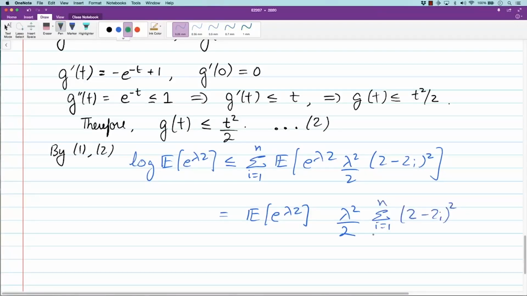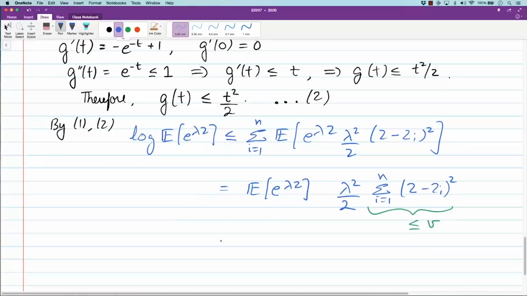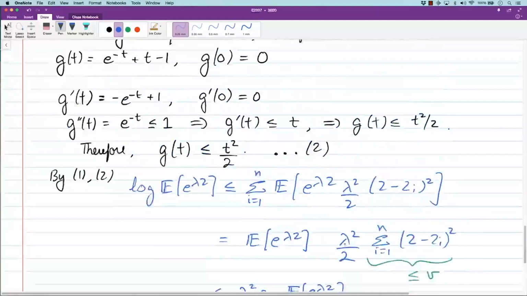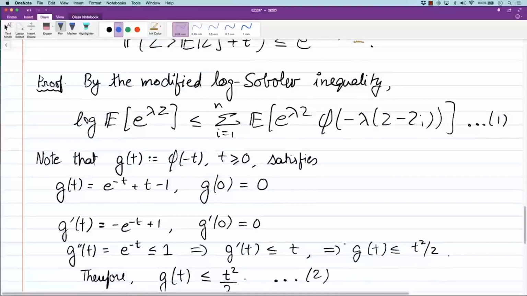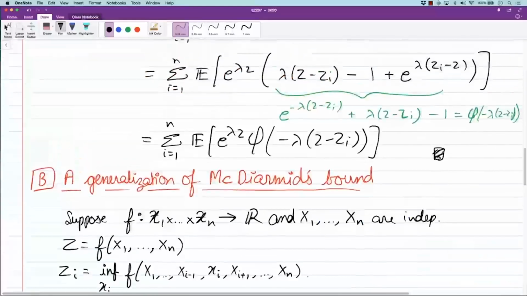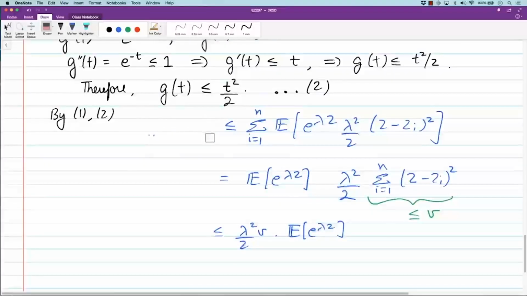The quantity that we have assumed is bounded by v. So therefore this is less than or equal to lambda squared v by 2 times the expected value of e to the power lambda Z. Alright, so now we have a familiar bound: this is the bound for the entropy of e to the power lambda Z. That's the bound that we derived, and that's what we need for the entropy method.